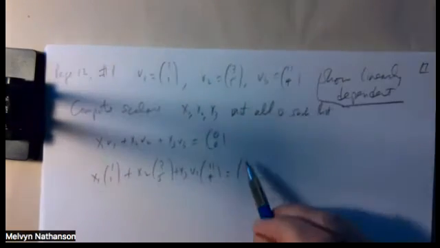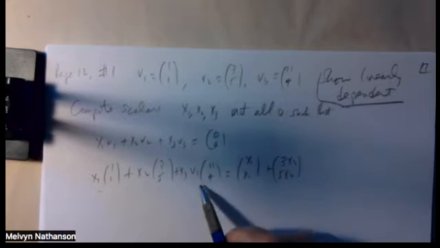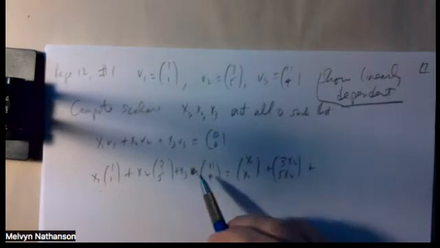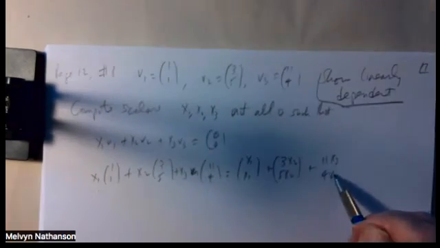So this vector is x1, x1. This vector is 3x2, 5x2. This vector is 11x3, 4x3. So when you add these vectors, you get x1 plus 3x2 plus 11x3 and x1 plus 5x2 plus 4x3.